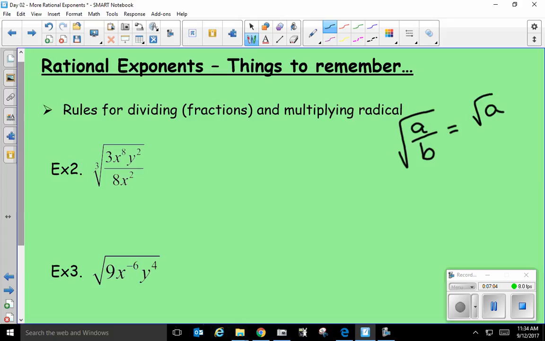It's radical a over radical b. I just break that into radical on top, radical on the bottom. Unless, for some reason, I could simplify this fraction first. It would make my life easier.